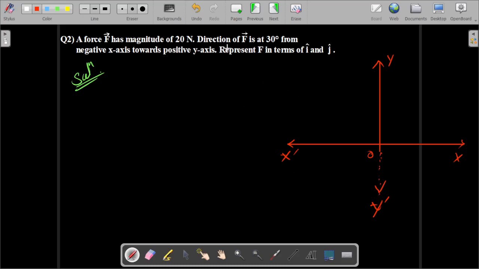What is given here? A force has a magnitude of 20, and this force is making 30 degrees with the negative x-axis, like this.